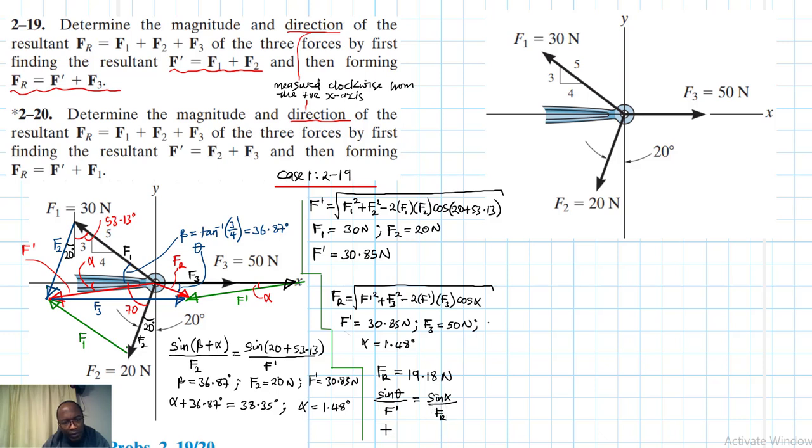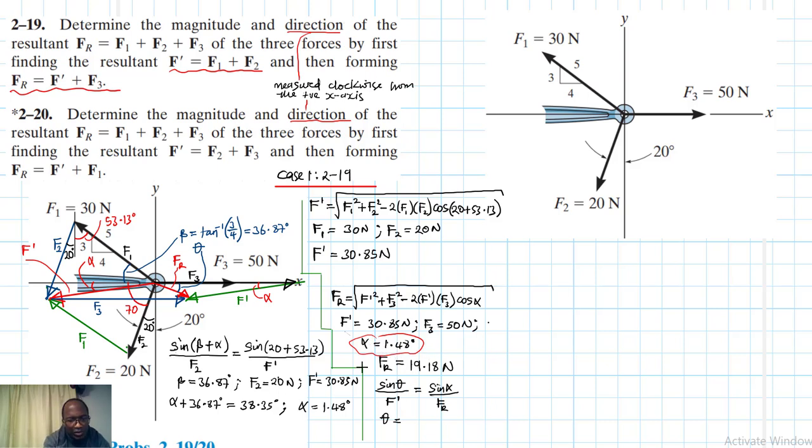Therefore theta is equal to the sine inverse of F prime sine alpha divided by FR.